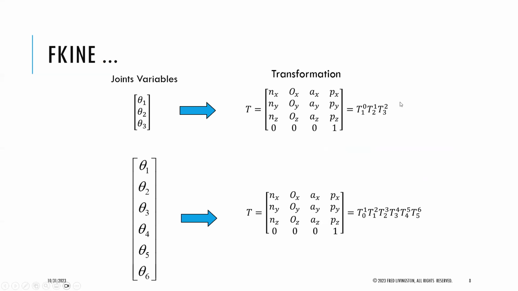And everything becomes a 4x4 homogeneous matrix with your rotation component. You can see here the N, O, and A. N corresponds to the X-axis, if you do a vector in the X direction. The O is your Y vector, and your approach, again, is the Z. So I'm approaching an object in my Z direction.